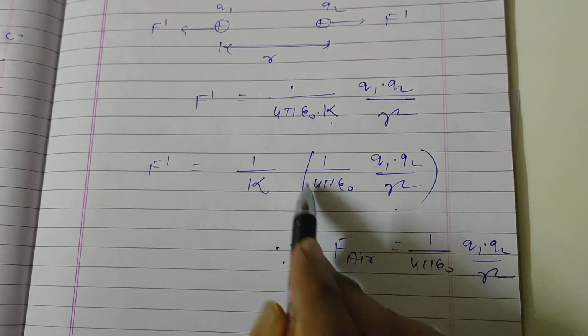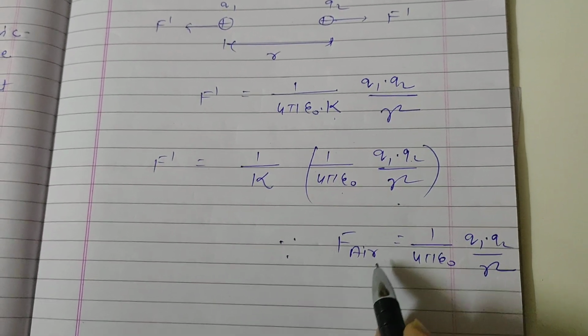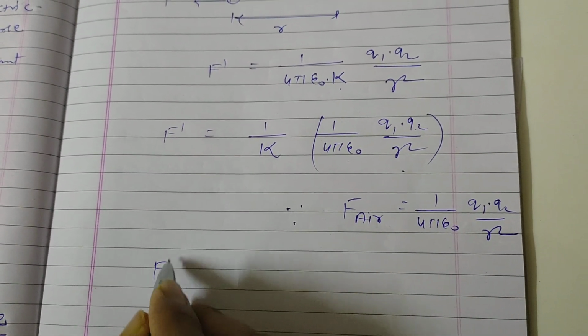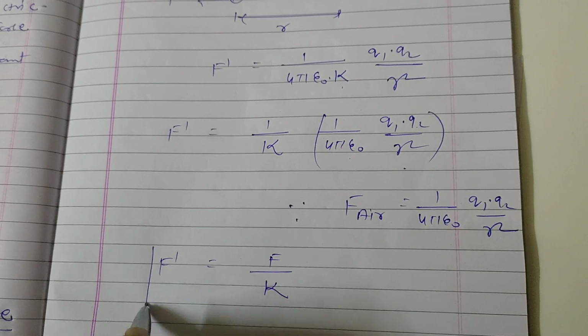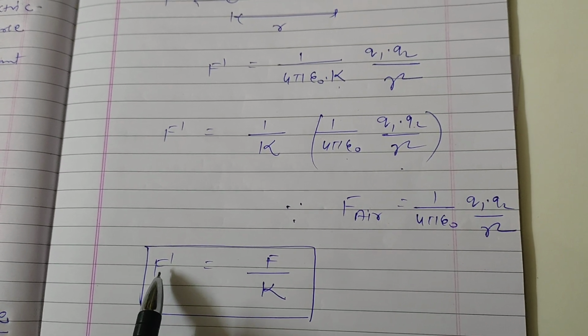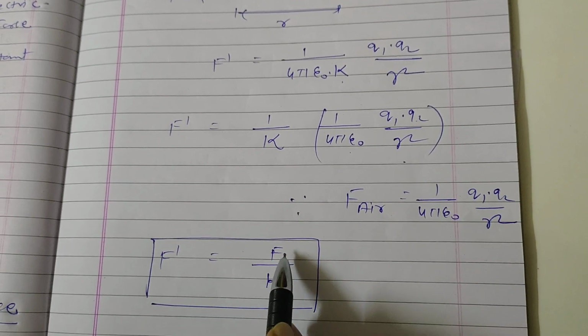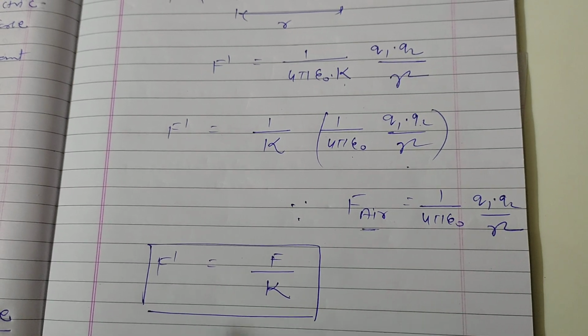So at this place we can put capital F for air medium. Yes. So F dash equals F by capital K. That is the relation between F dash, the electric force in dielectric medium, and F, the electric force in air medium.